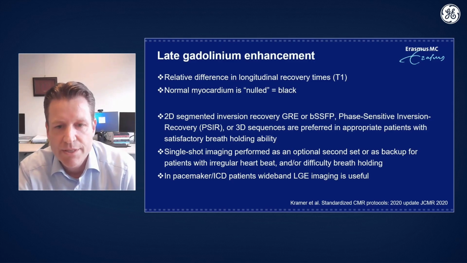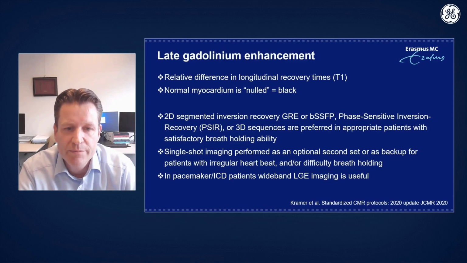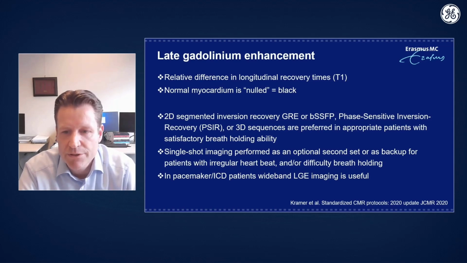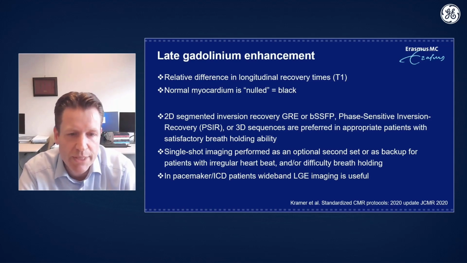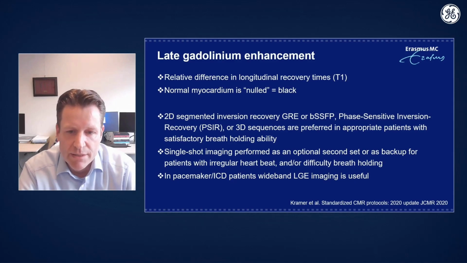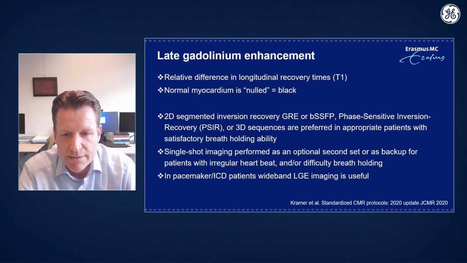However, a lot of times the cardiac patients have problems with breath holding, and then you can use a single shot imaging that's preferred as your optional second set or as a backup for patients with irregular heartbeats and or difficulty with breath holding. And in pacemaker ICD patients, it's important to use a wideband late gadolinium enhancement sequence for imaging because you have much better images with less artifacts.